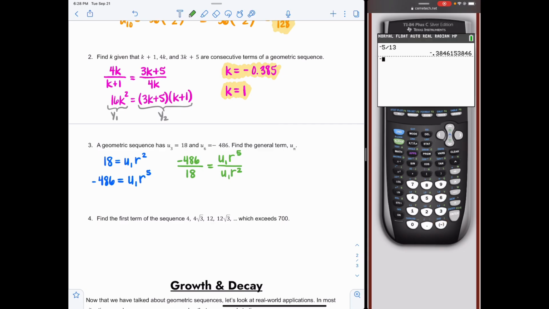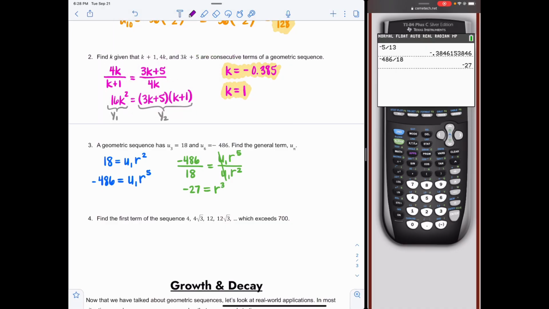If I use my calculator, 486 divided by 18, I get negative 27, which is equal to u sub 1 divided by u sub 1. That will cancel. And we know that r to the power of 5 divided by r to the power of 2 leaves us with r to the power of 3.